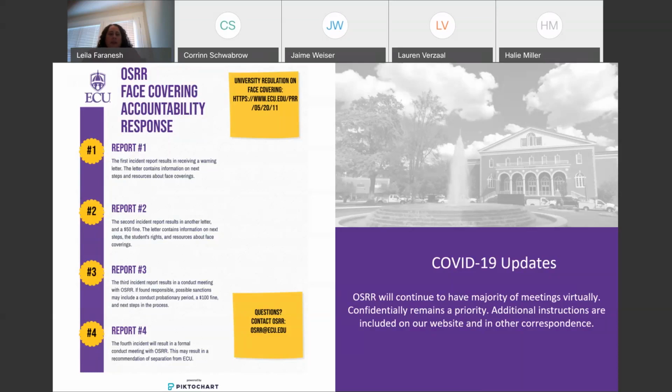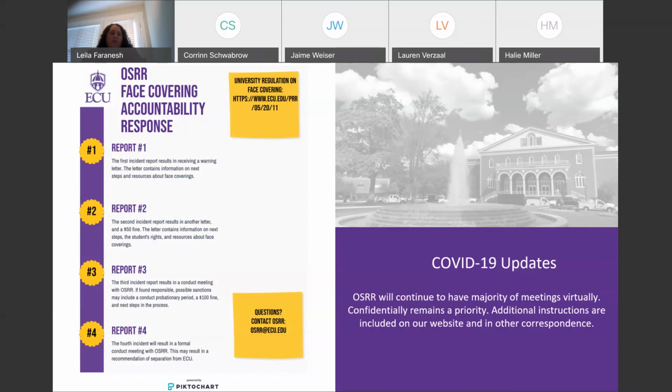But there is a PRR, which is a regulation on face coverings related to COVID-19, and how students will be addressed is, if we receive a report the first time, we will send the student a letter letting them know we received a report, reminding them of the policy, and letting them know where they can receive a face covering.